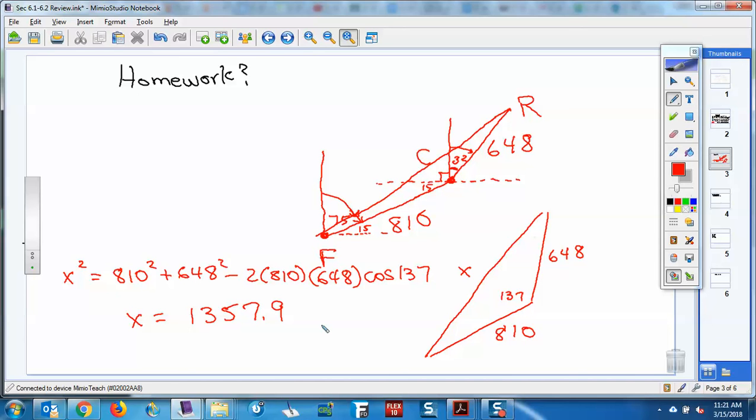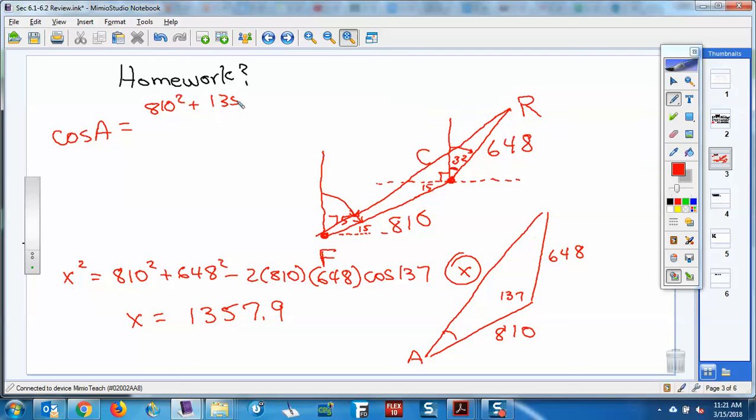So let's say you had done log cosines and we got 1357.9, but it was really 857. Now let's say you want to find this angle here, let's call that angle A. So you wrote down on your paper cosine A equals 810 squared plus, and then 1357.9 squared.